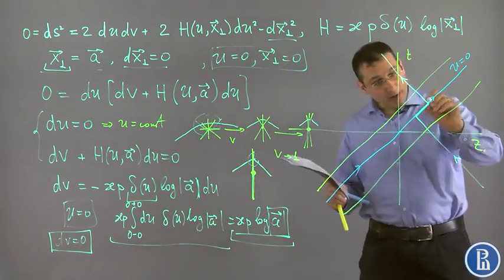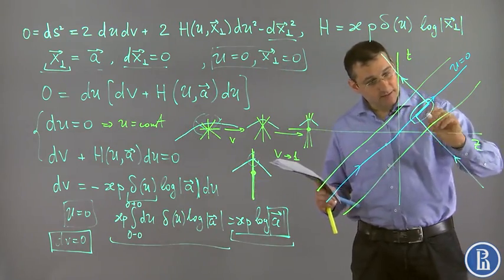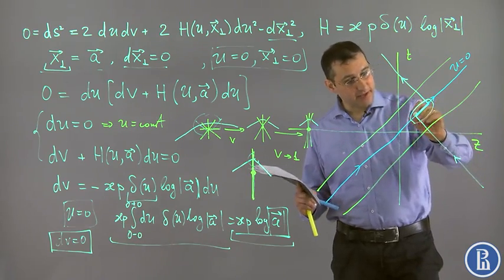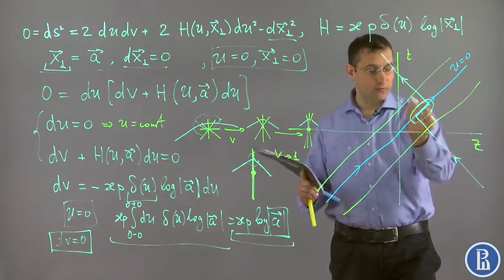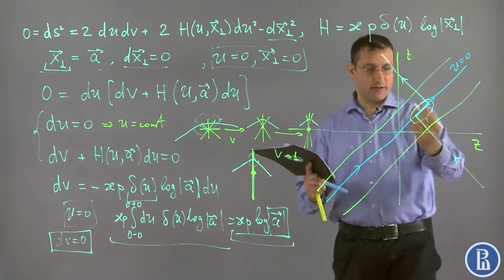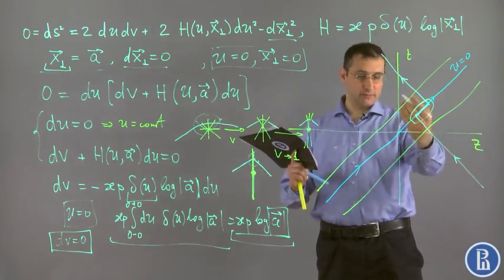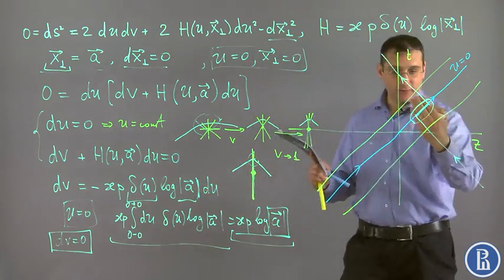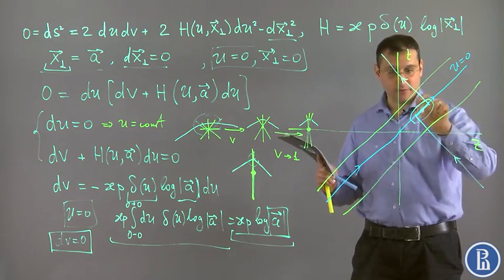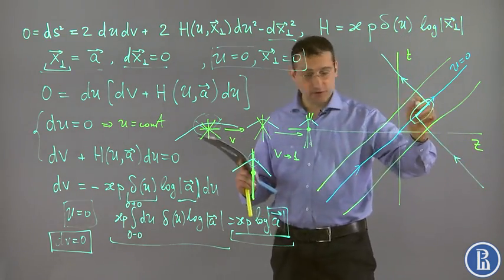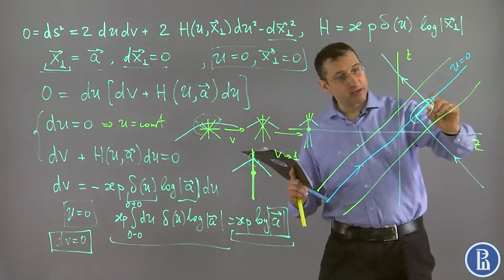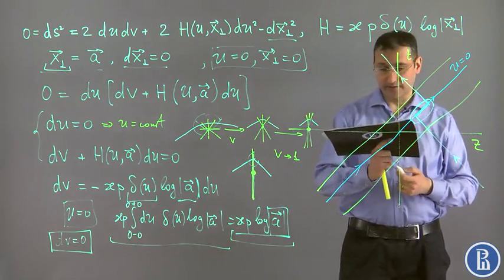That is exactly what happens here. We have a time delay when the particle is colliding with the shock wave. Remember that the particle is a distance a away from the source of the shock wave, but it is in the field of the shock wave, and the field of the shock wave is such a pancake. So it experiences time delay and then is released and continues its motion.